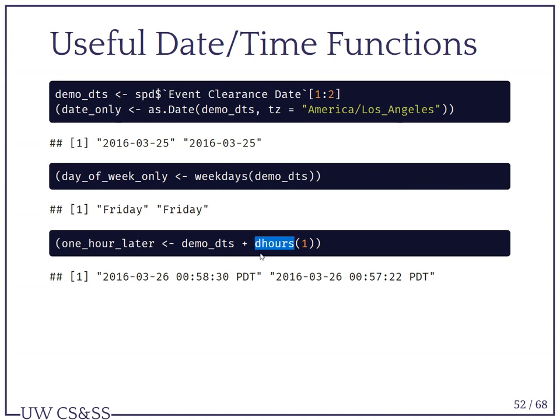So this is saying duration in hours, 1, and it will just move time up one hour from when this date occurred to begin with. Note that here it doesn't include the time because we used as.Date and didn't specify the time, but this original data does have the time, so it's able to add an hour.